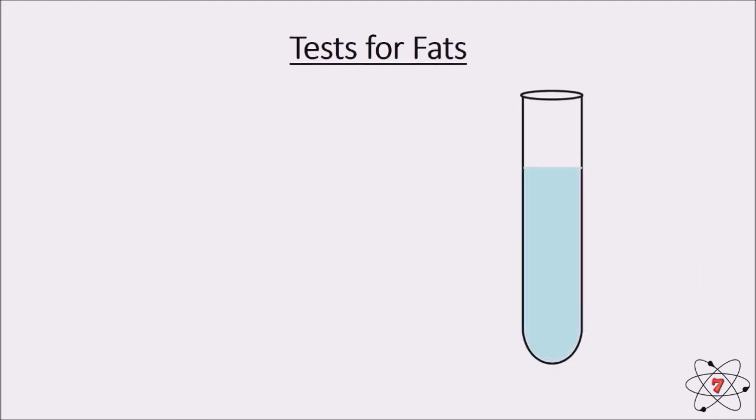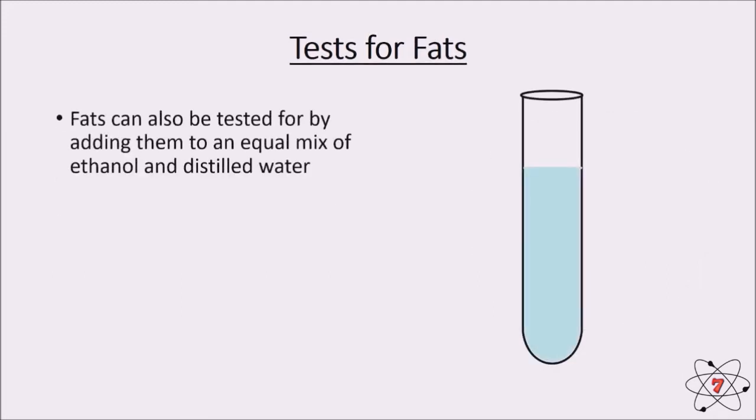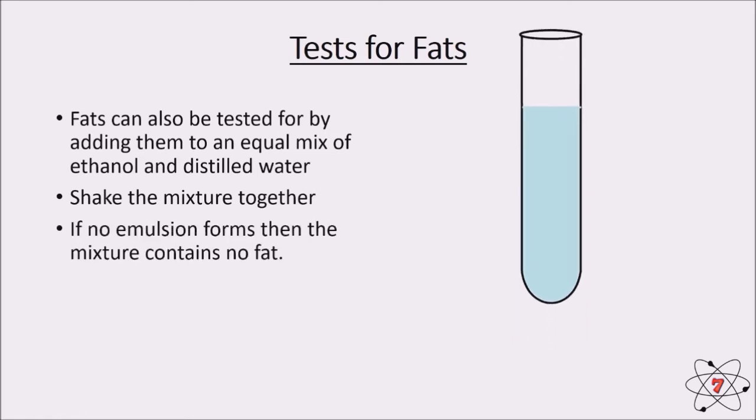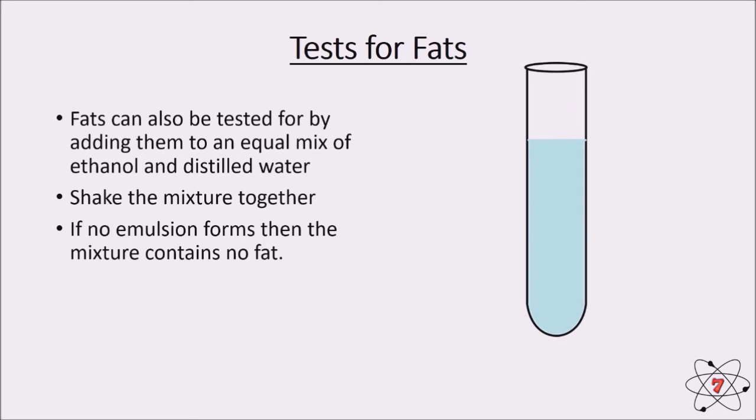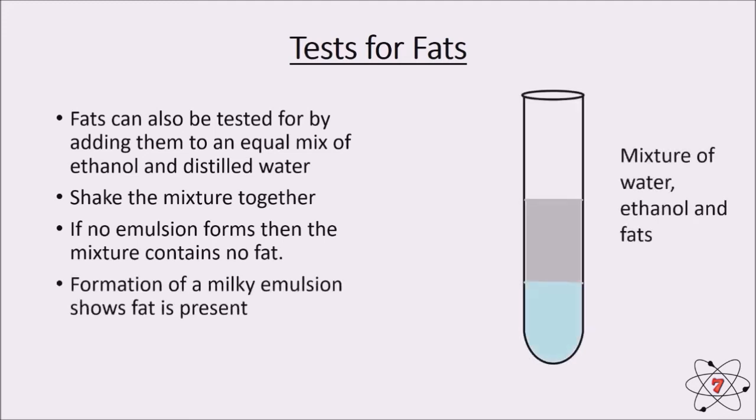However, there is another test for fats. This time, we can test for fats by mixing the food that we think might contain fat with an equal amount of distilled water and ethanol. So we have our fat, our ethanol, and our distilled water. We shake and mix that together. And if there is no emulsion, then the mixture contains no fat.